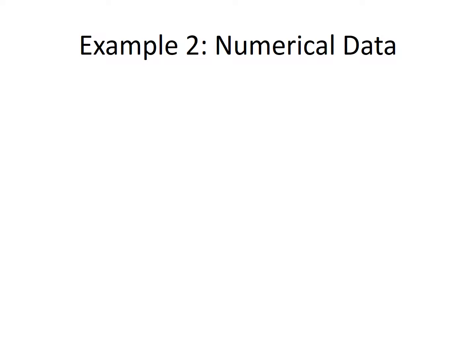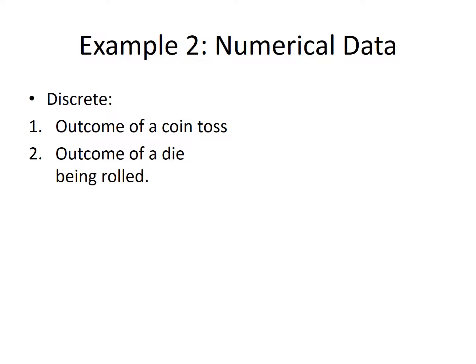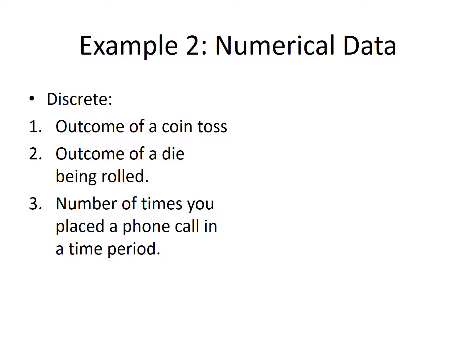Here is an example of numerical data. For discrete styles of numerical data, we can have the outcome of a coin toss, the outcome of a die being rolled, the number of times you place a phone call in a time period, and the number of times you visit a relative.